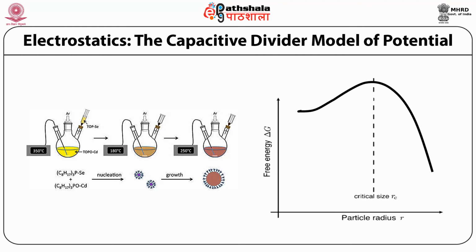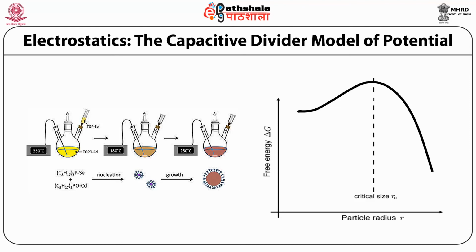In the case of small nuclei, the surface energy term dominates the free energy, whereas for a nanoparticle with a radius larger than RC, the growth is driven by the gain in chemical potential, and the height of the nucleation barrier controls the rate at which the crystals nucleate.